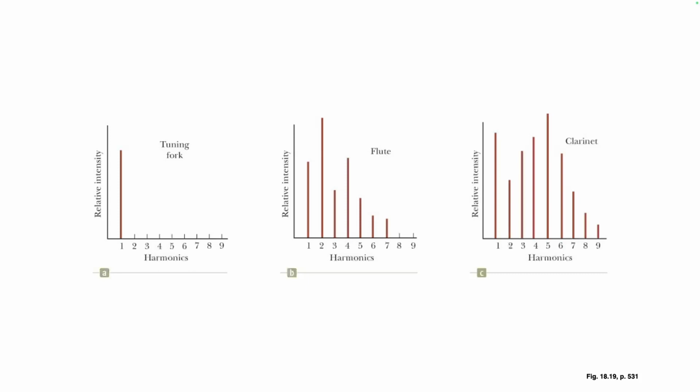That's not a node, that's an antinode. Why is it an antinode? What's the trumpet player doing? They're buzzing their lips into that mouthpiece. What's the clarinet player doing? Well, probably killing geese.